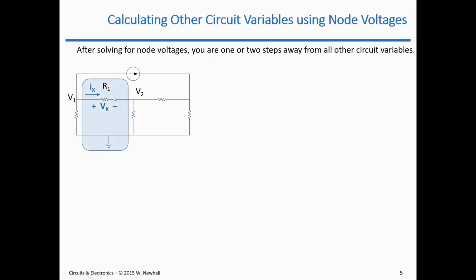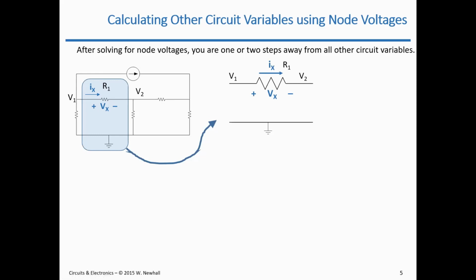Let's isolate this portion of the circuit, and I'm going to break this out over here. And so now we have just this resistor. This resistor is still in the circuit. It has a voltage on the left, a voltage on the right, node voltage, and a resistance value. I'm just concentrating on it. I'll write the values that I have on the left on the circuit.